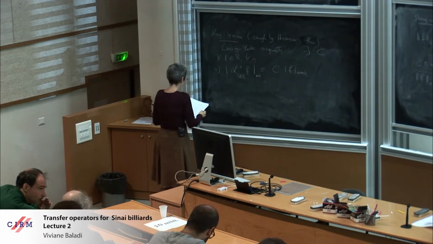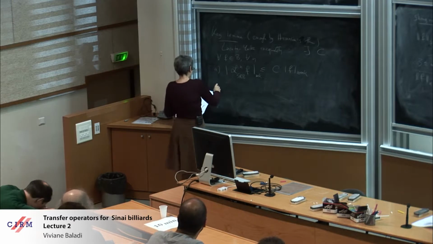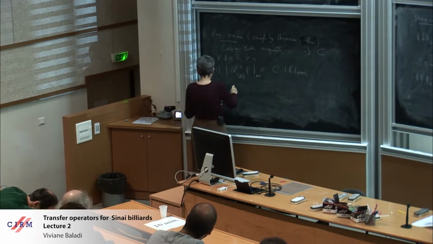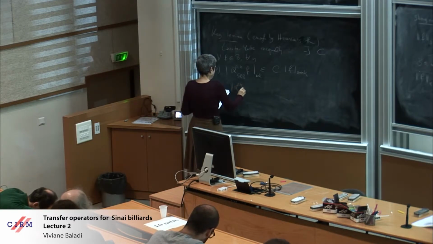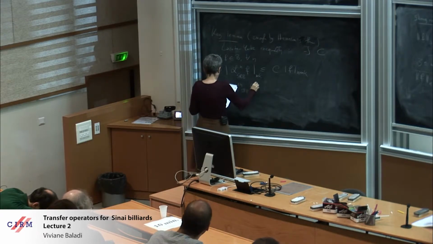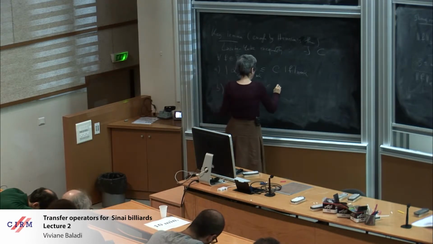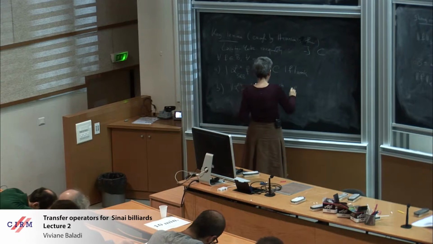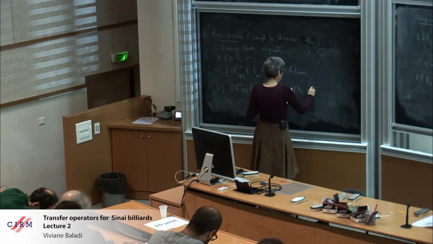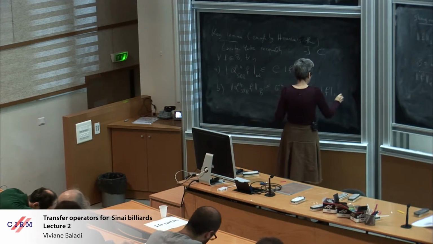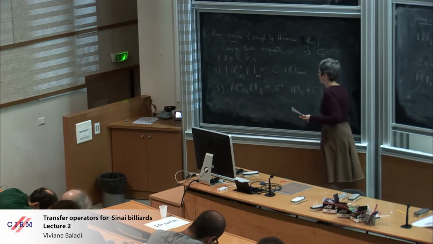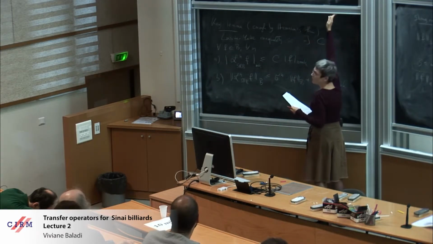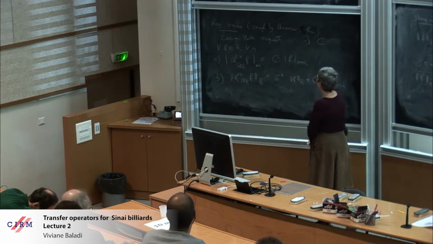The spectral radius is equal to 1. And in the strong norm, you have a contraction modulo a compact perturbation.